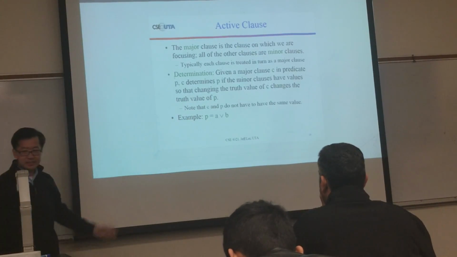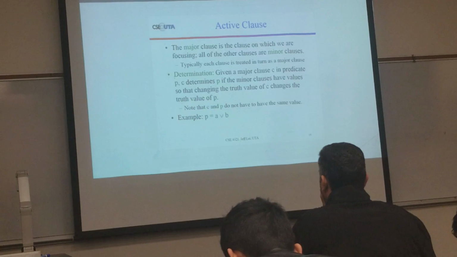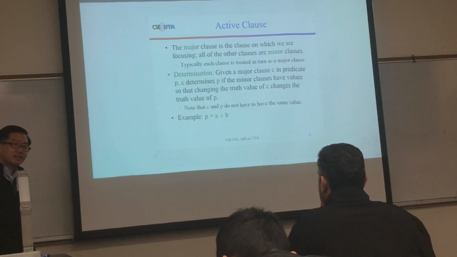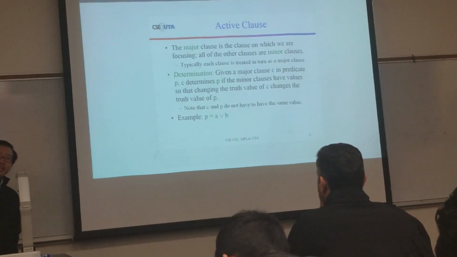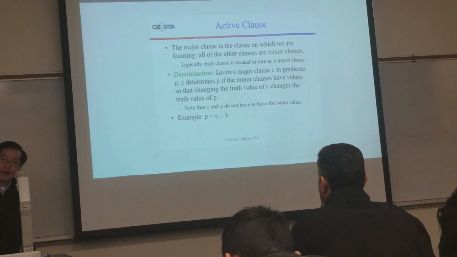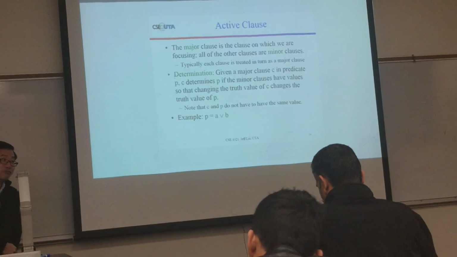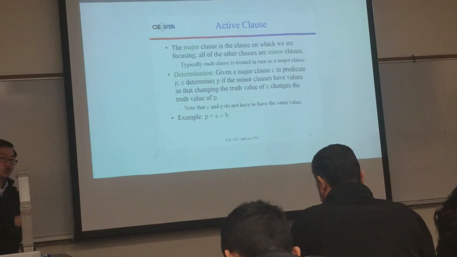So first, we're going to introduce a concept called a major class. When you look at the predicate, the predicate could have multiple classes, right? We're going to do it one by one. We're going to test one class at a time and see how this class impacts the predicate. When I look at one class, that class is referred to as the major class.